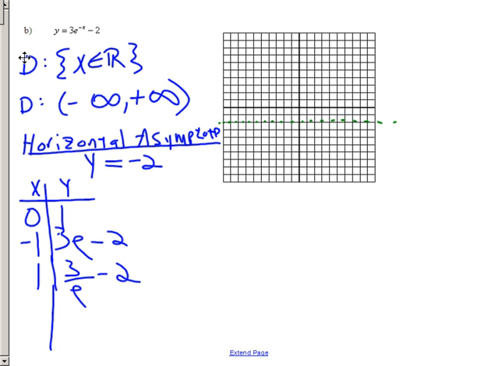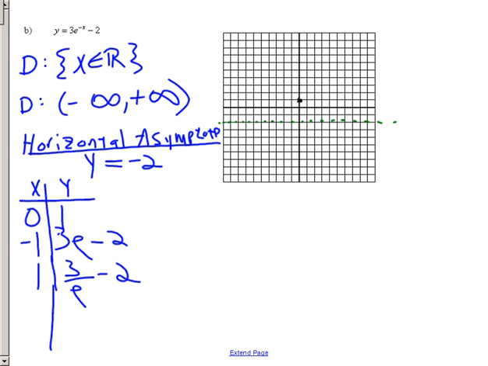And then we're going to plot the point 0, 1 right here. We have the point -1. This is 3 times 2.71 minus 2. So if you type that in your calculator, you get the decimal value for that. I will have it here in just a second.